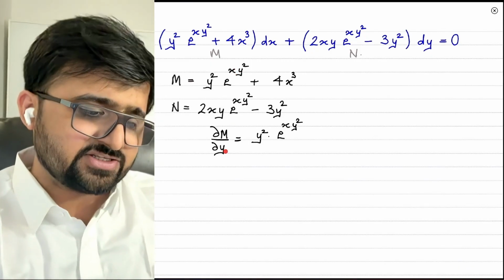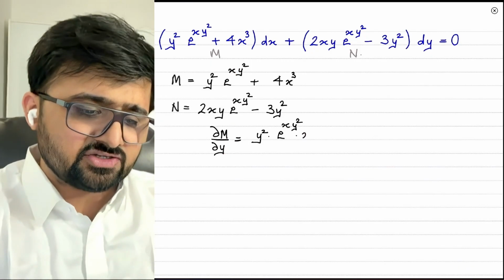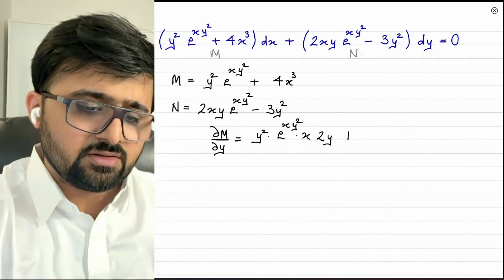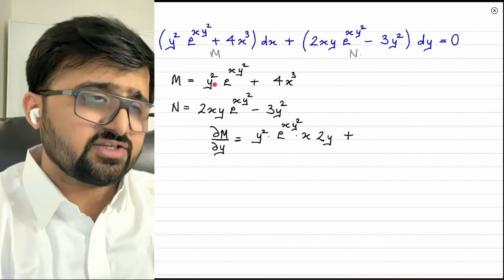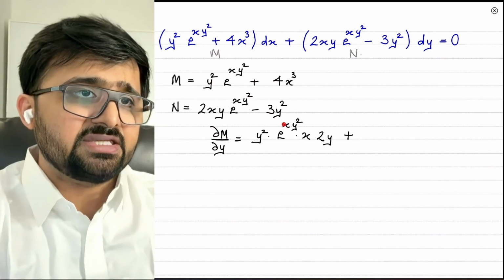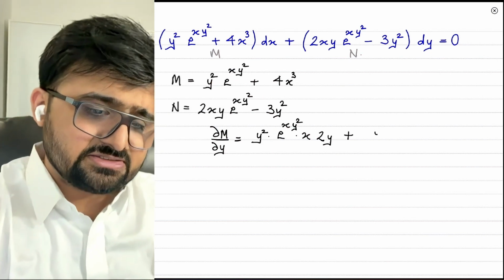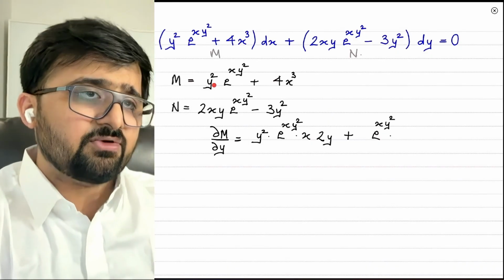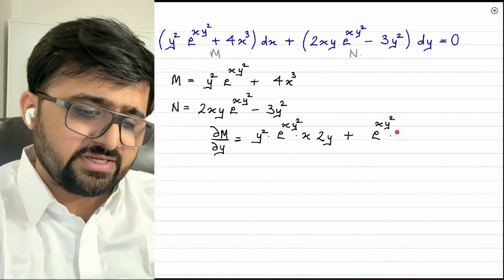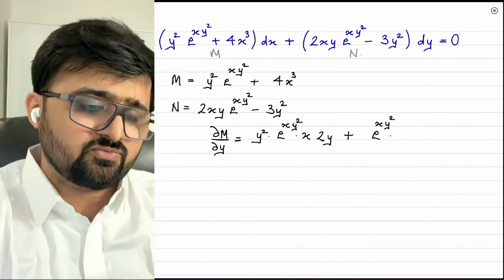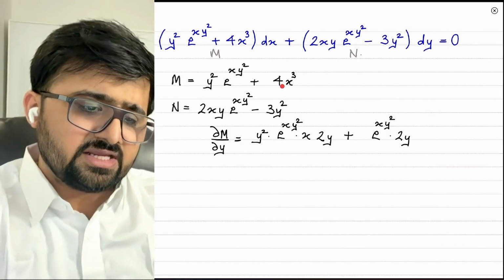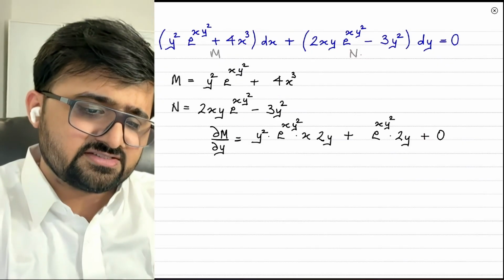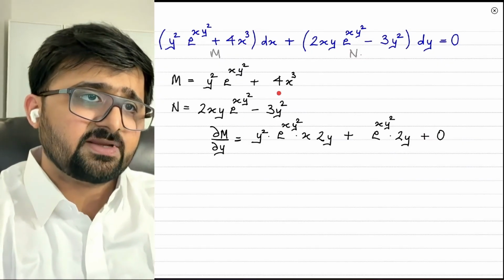You are differentiating with respect to y, so x is constant and the derivative of y square is 2y, plus, now this is u derivative of v, and then we have v, so e to the power xy square into the derivative of u, which is y square. Derivative of y square with respect to y is 2y, and 4x cube derivative with respect to y is 0, because x is constant with respect to y.